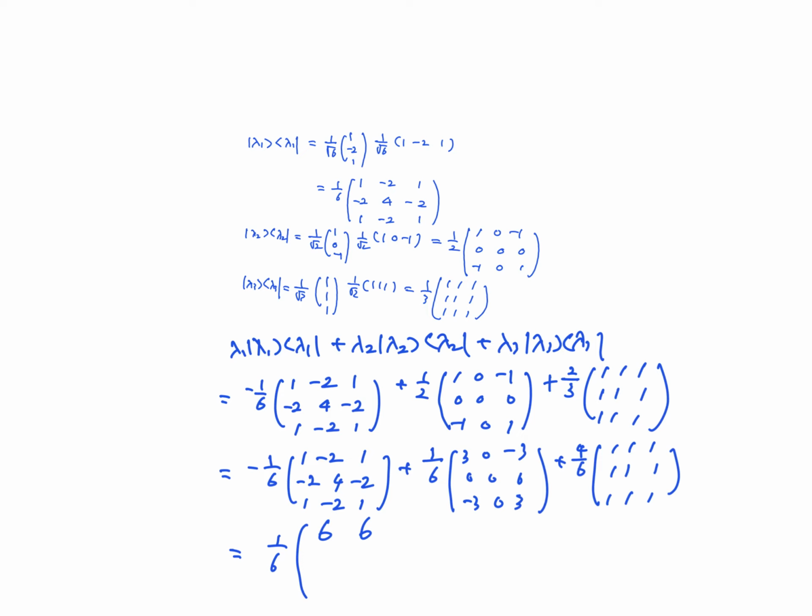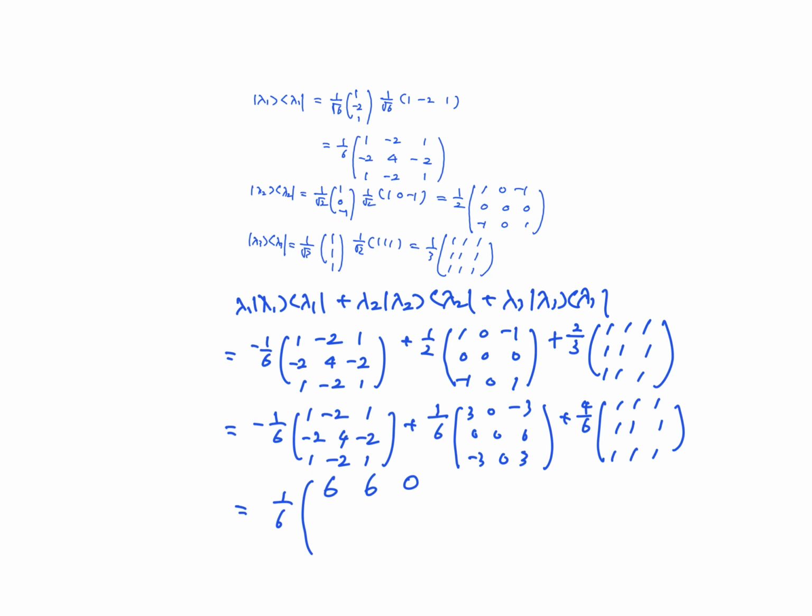This is 4 minus 3 minus 1 equal to 0. Okay, this is plus 2, right? Plus 4, 6. And minus 4 plus 4, 0, right?